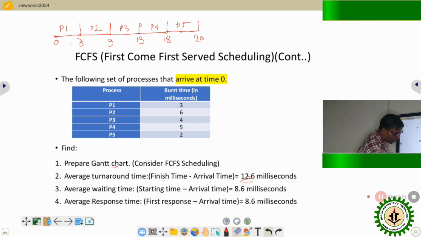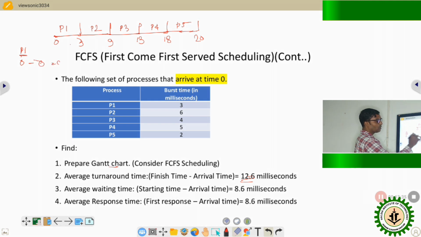Next, the average waiting time: starting time minus arrival time. Starting time of process P1 is 0 and arrival time is again 0, so it is 0.